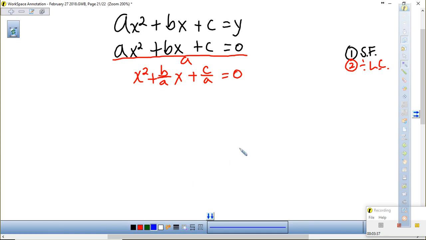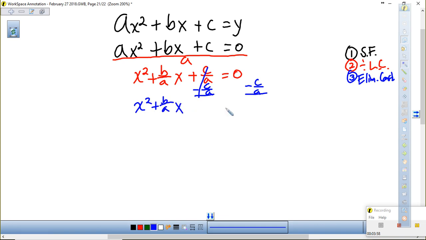Step 3, eliminate constant. What's my constant now? C over a. So I subtract c over a to each side. I'm left with x squared plus b over a x.